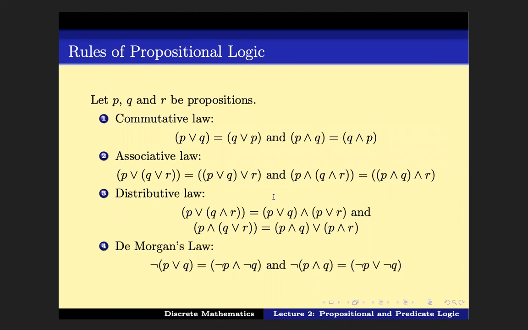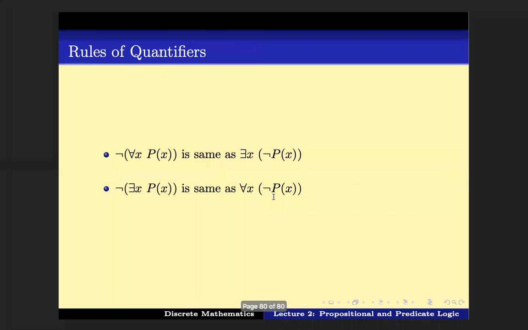Now there is only one set of rules that has to be told to you very specifically. This is something that we will use a lot sooner or later. What happens if I have a predicate like this? Like I have a for all x. What is the negative of this for all? This is something you should remember: the negative of for all x.